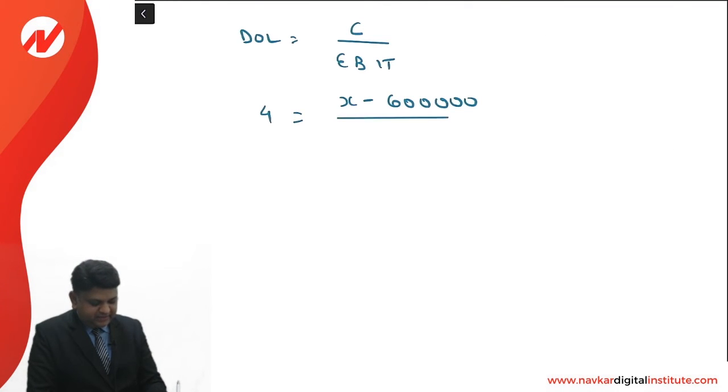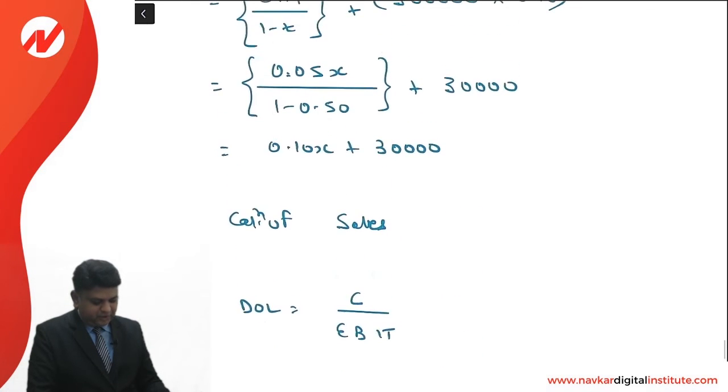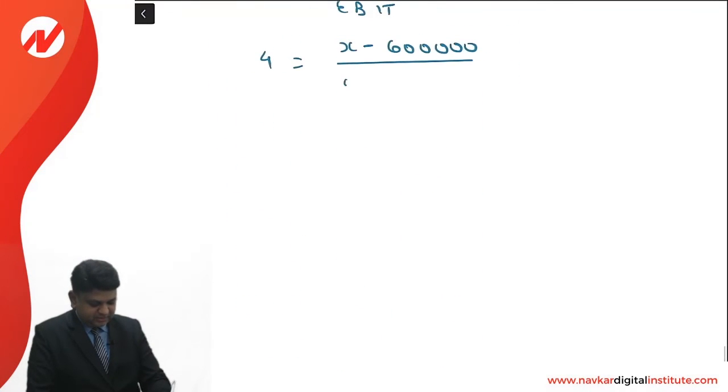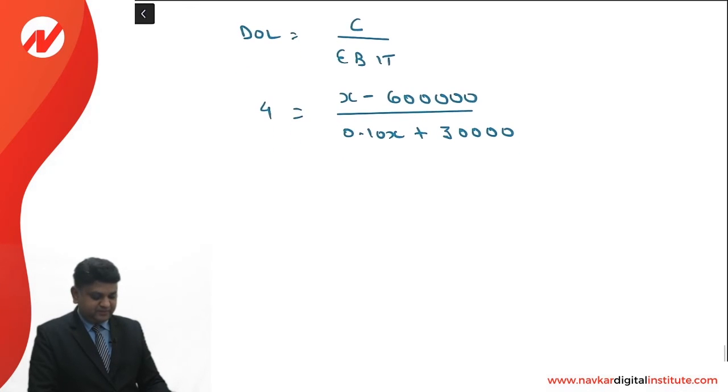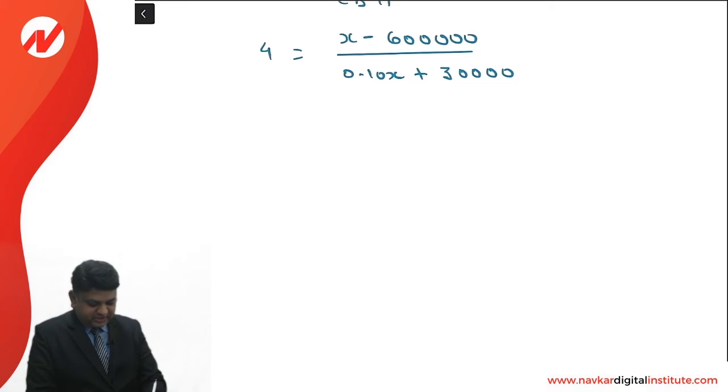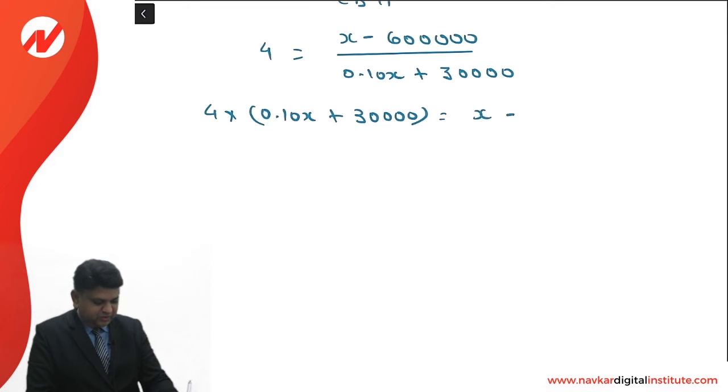And the amount of the EBIT is 0.10x plus 30,000. This is the way we are required to do answer. 0.10x plus 30,000 is transferred on the left hand side, so it goes in the numerator, is equal to X minus 6 lakhs.